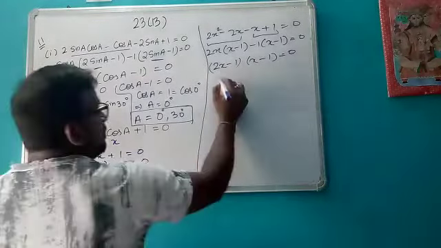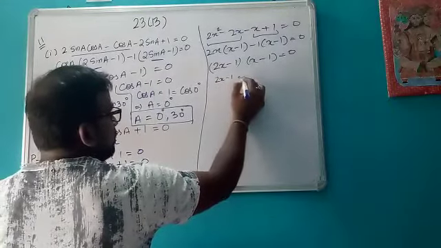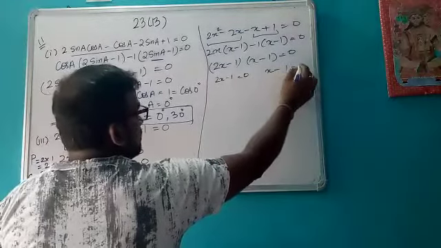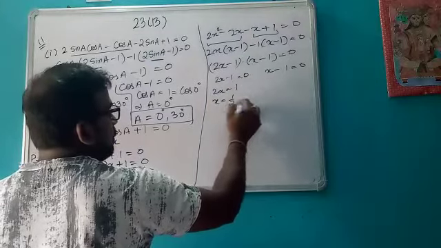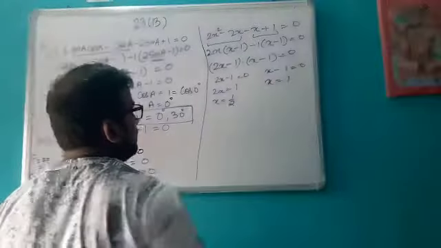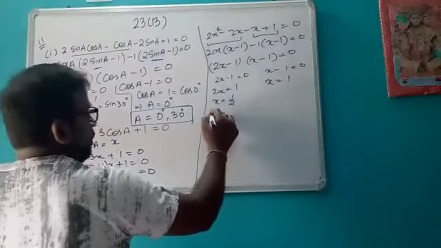Now we will individually put the values equal to 0 like this. So from here you will get x equals 1 by 2, and from here you will get x equals 1.